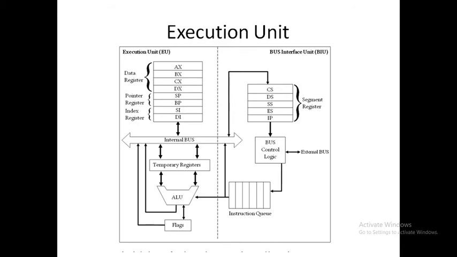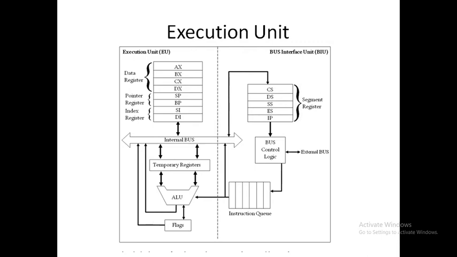While the execution unit decodes and executes an instruction, the BIU fetches instruction code from the memory and stores it in the queue. So the data or opcode is taken from the memory and the input output devices, and it's stored in the instruction queue. The BIU and EU operate in parallel and independently.